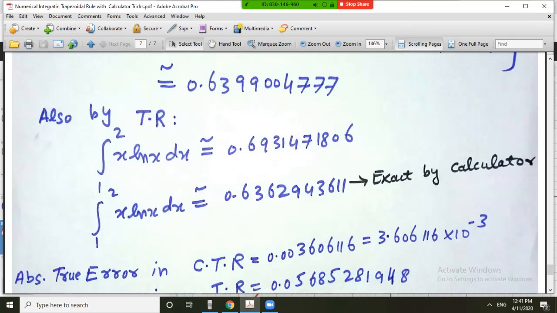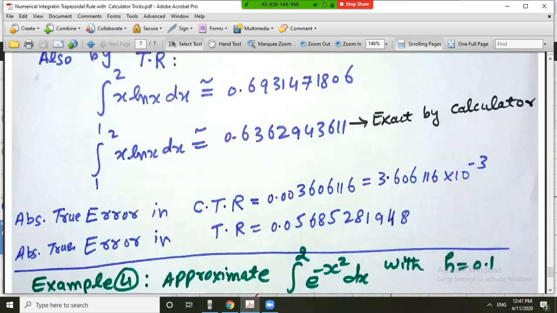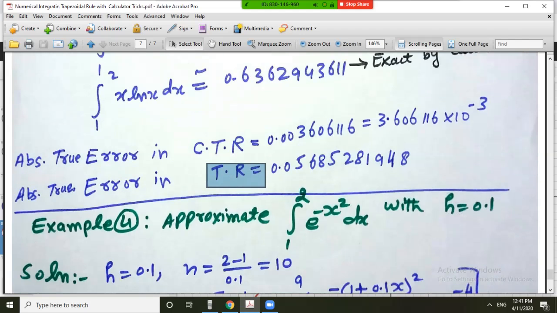And so this is the exact value. By using this exact value, we can find the true error. The absolute true error in composite trapezoidal rule is 0.0036, and the absolute true error in the trapezoidal rule is 0.05.